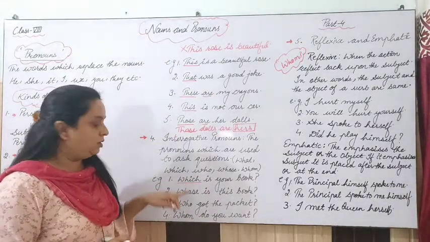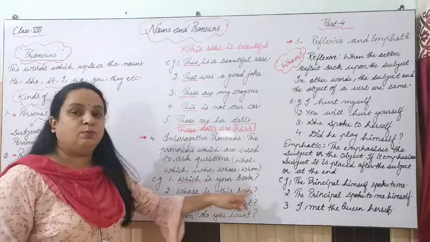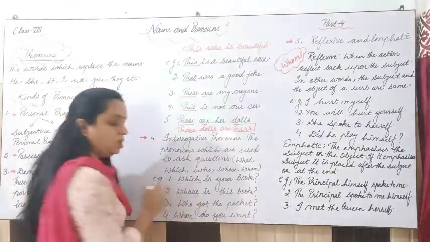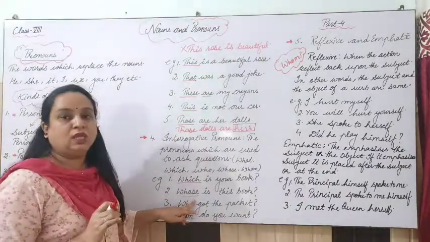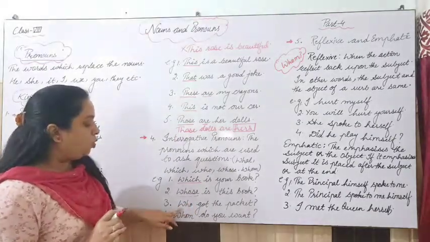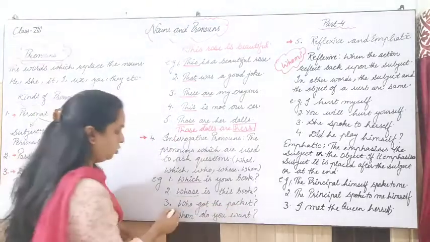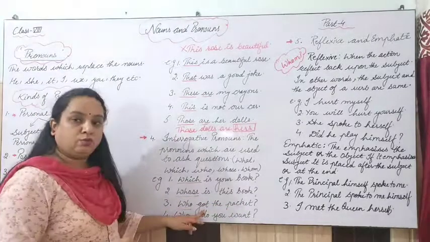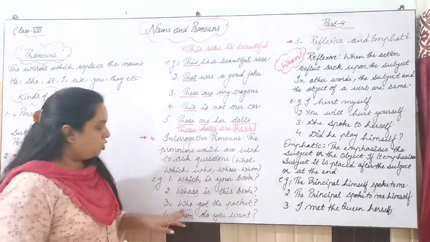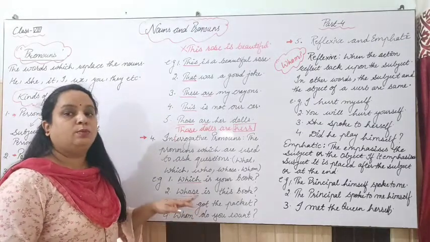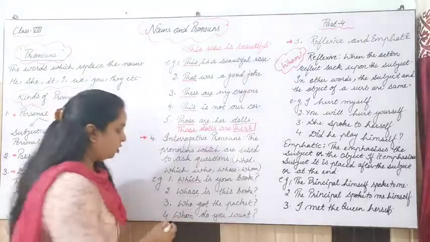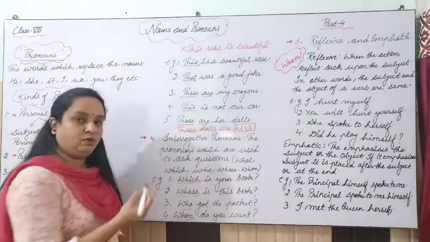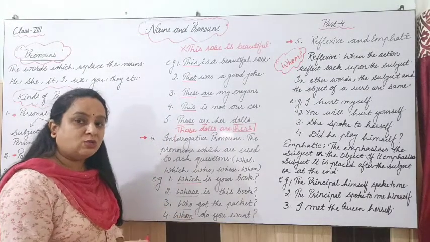But if we have to see the interrogative pronoun here, which one is that? Which, right? Whose is this book? So whose, and after that there is no noun, so it means this is working as a pronoun. Who got the packet? Who, and got is what? A verb, so that is not a pronoun. So who is working as an interrogative pronoun. Whom do you want? Whom, and after that a verb. So this is what?